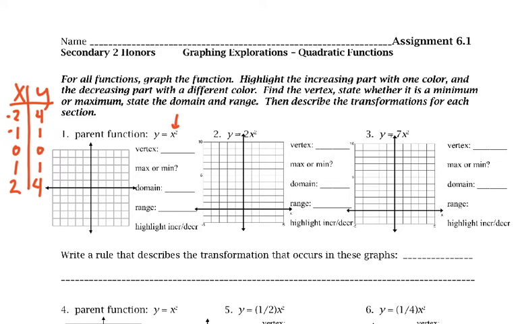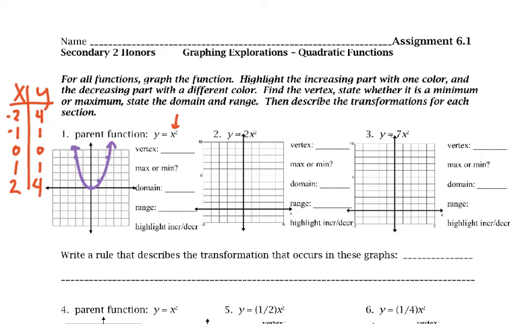Then I'm going to graph those ordered pairs. So when I have -2, +4, and then -1, +1, 0, 0, 1, 1, and 2, 4. So we're going to have this parabola, which is the name of that shape, and all quadratic functions are going to have that shape.